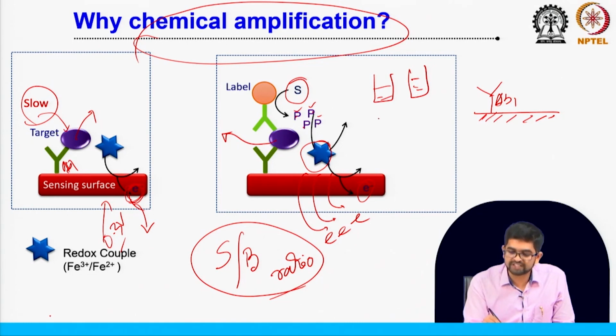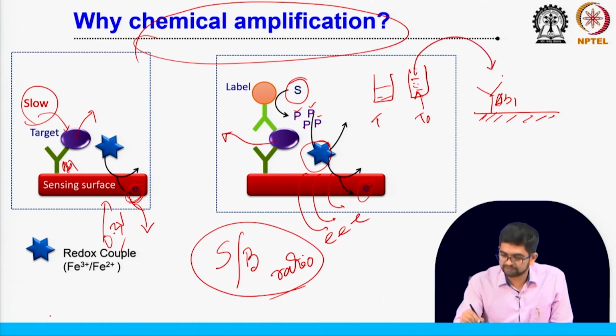One is with target, maybe like a cancer patient, we took some sample, it has some cancer biomarker, and some sample like a normal patient, it does not have any target. It is T0, no target, and T is with target. So, you add these solutions here.